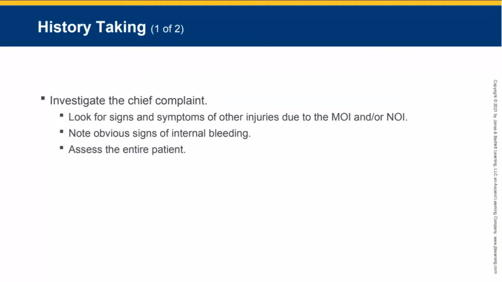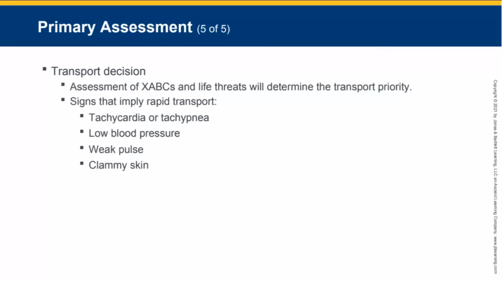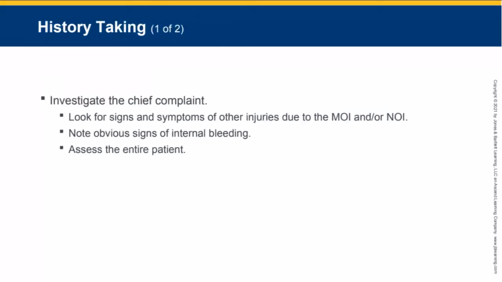Now, after we have completed the primary assessment, the next phase of your assessment would be history taking. So we need to investigate the chief complaint. Look for signs and symptoms of other injuries due to the MOI and/or NOI. Note obvious signs of internal bleeding.